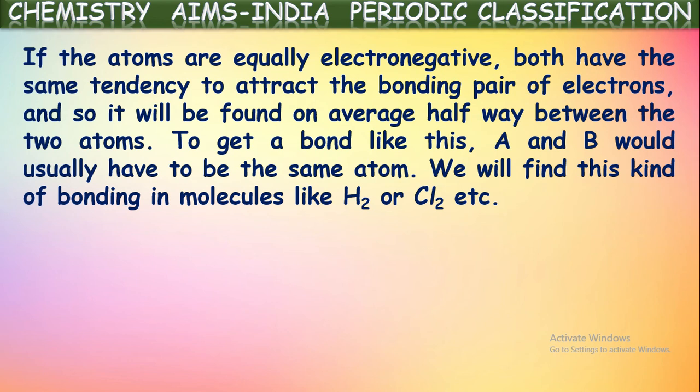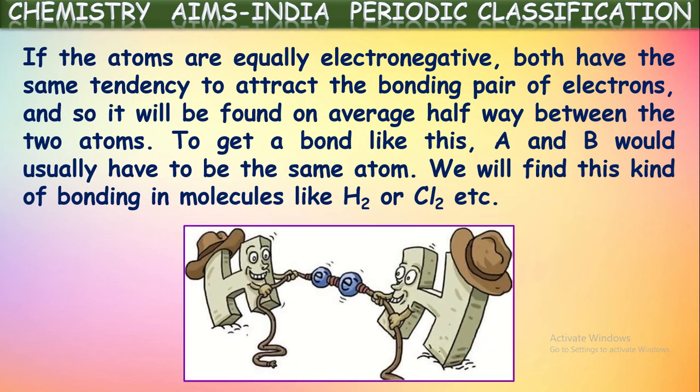To get a bond like this, A and B would usually have to be the same atom, or atoms of the same electronegativity. Usually, we find this kind of bonding in molecules like H2, Cl2, N2, O2. In all these molecules, the same kind of atoms bond together. As they are of the same kind, both will pull the pair of electrons towards them with equal force.